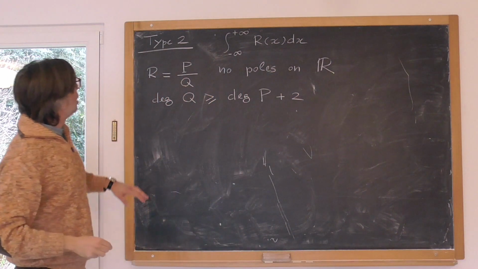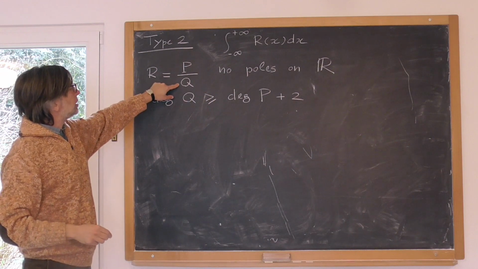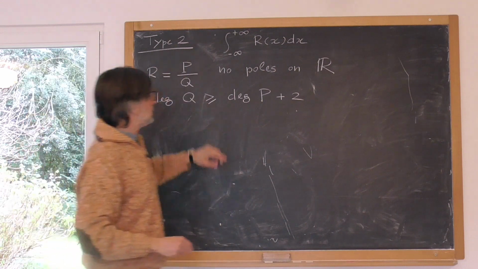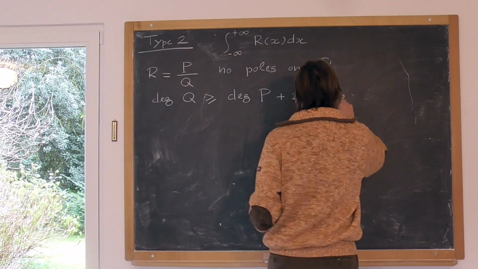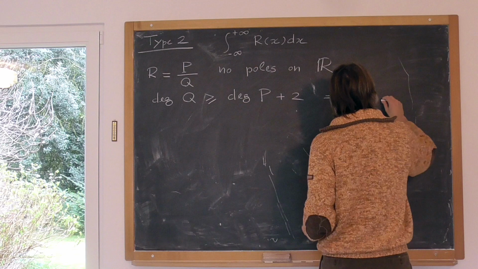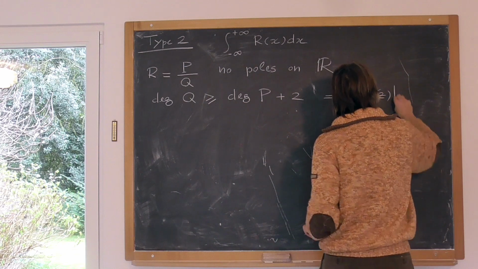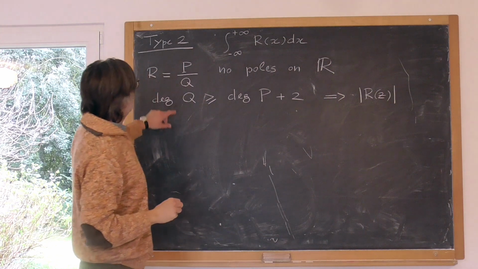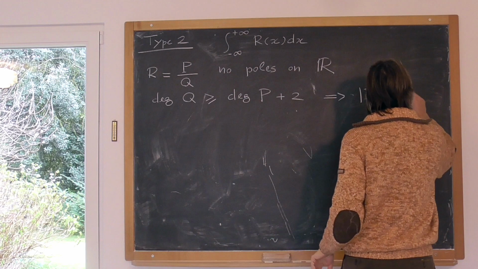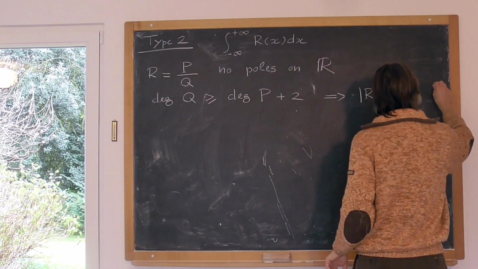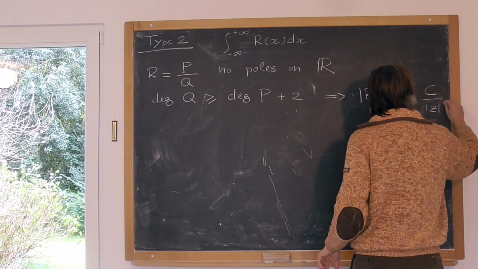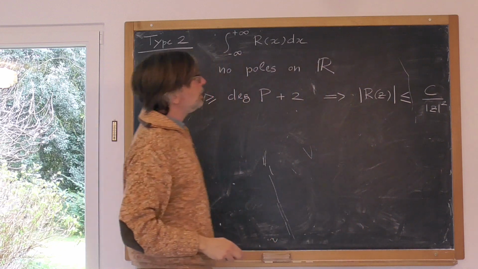So the degree of Q is at least 2 more than the degree of P. This condition is important because it will give us a bound of the form: the absolute value of R of z is less or equal than some constant over the absolute value of z to the power 2.